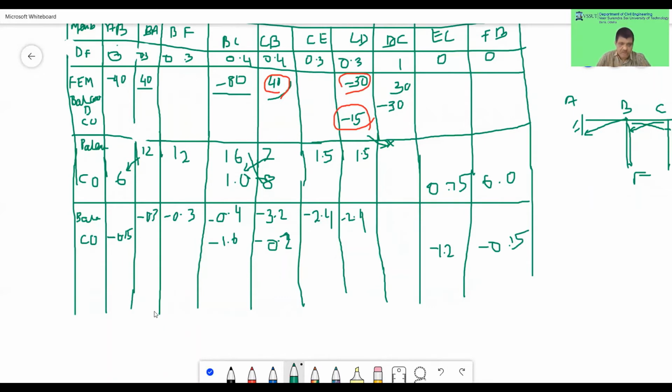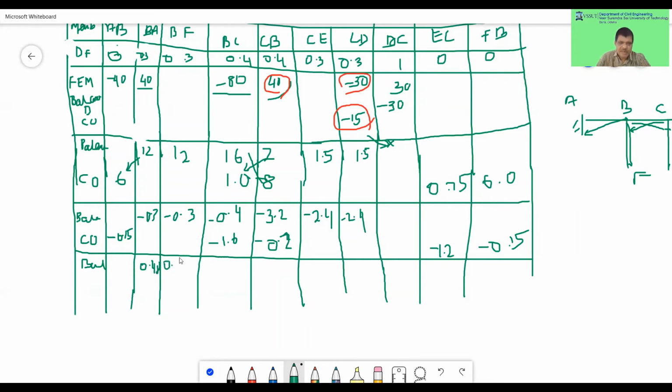Now again you balance. What is the value here? Minus 1.6 means you have to apply 0.6, so plus 1.6 means plus 0.48 here.